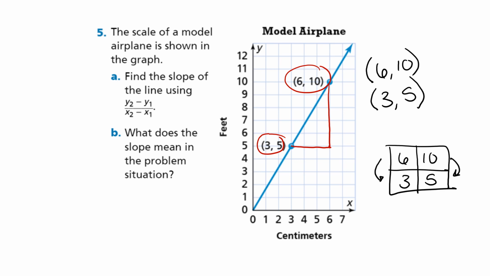Our fraction is y over x, 5 divided by 3. 5 divided by 3 is going to give you a repeating decimal, 1.6 repeating. If you set it as a fraction, you end up with the fraction 5/3. 5 over 3 is our constant of proportionality.